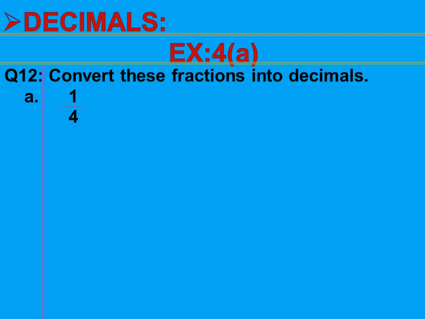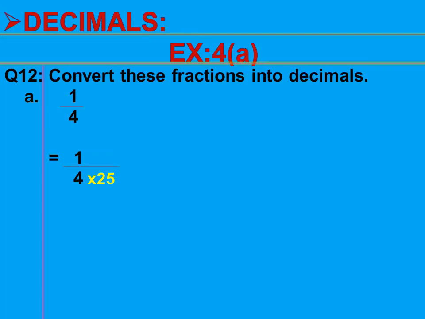Now let's see, we cannot make 10 from this 4, so we will move to the next multiple of 10, that is 100. So how will we make 100 from this 4? We will multiply the denominator by 25. Dear students, when we multiply the denominator by 25, we get 100.